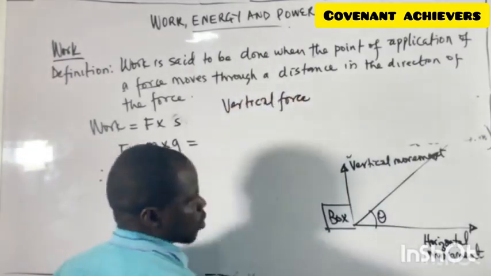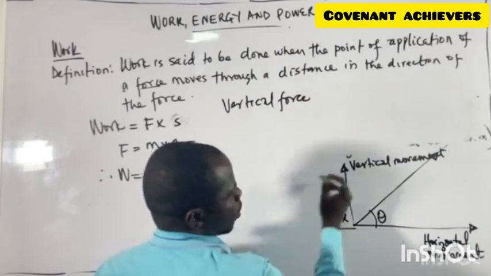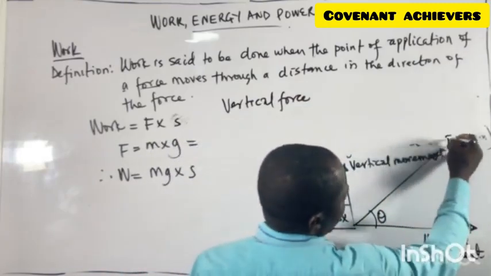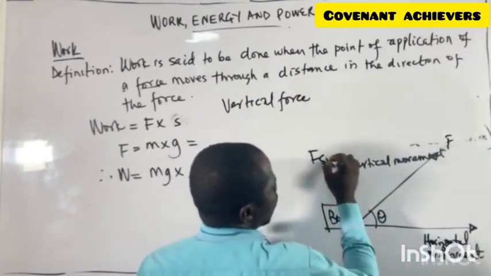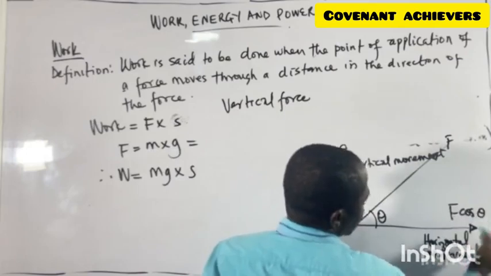And the vertical force is when this force is resolved to the vertical. In that case, this is F, and here is F sin theta, while here is F cos theta.